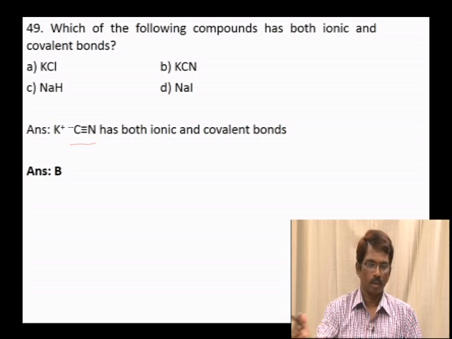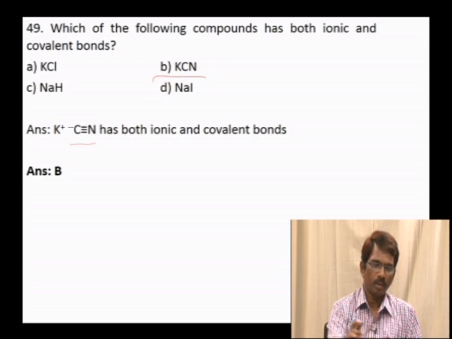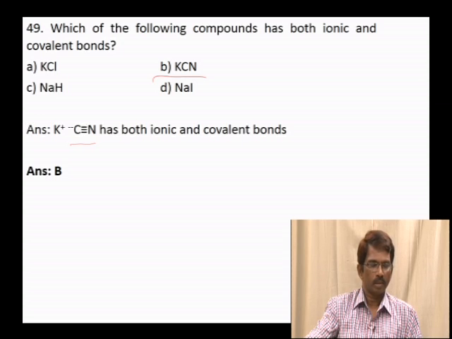Therefore KCN, or option B, the potassium cyanide compound, is an example of a compound which has both ionic and covalent bonds.